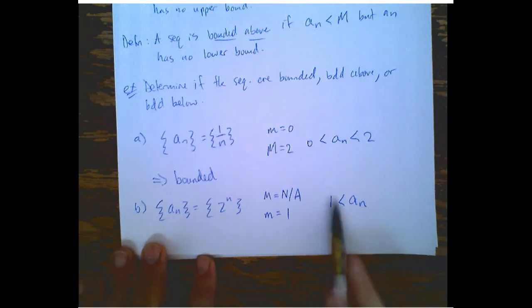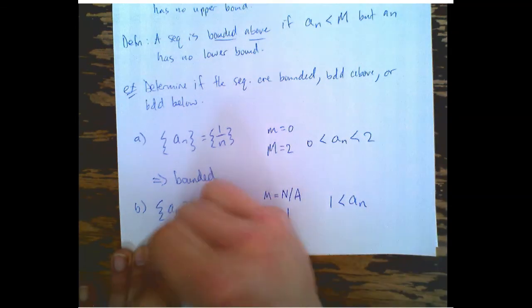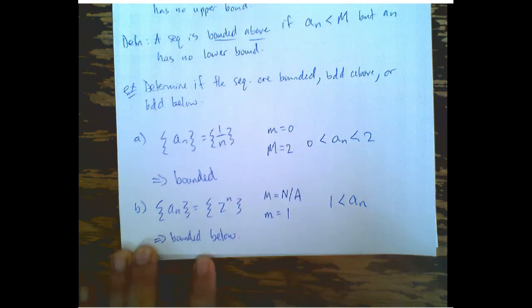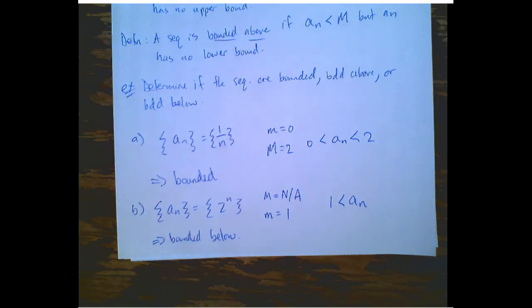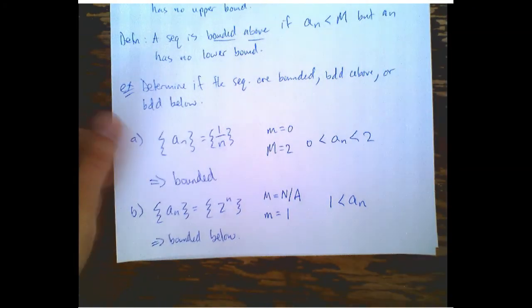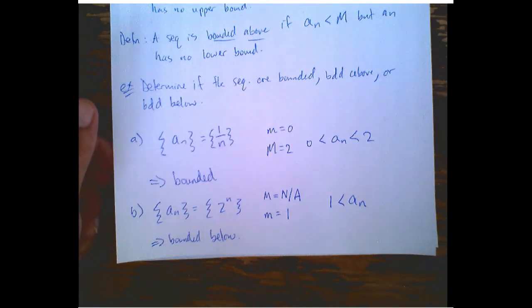So we have a lower bound, so we say that this is bounded below. Okay? Nothing to it. All right, so that's how you determine if a sequence is bounded. Just consider what's happening with the growth of the sequence, and whether there are any values that it can't go past.